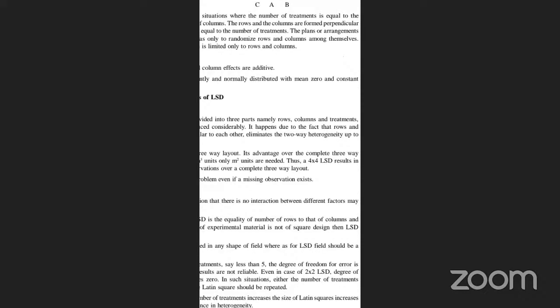Its advantage over the complete three-way layout is that instead of m cubed units, it uses only m squared units. So for a 4 by 4 Latin square design, there is a saving of 4 cubed, 64, minus 16, that is 48 observations over a complete three-way layout. The analysis creates no problem if any missing observation exists.